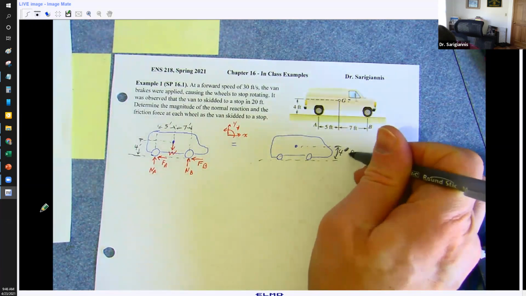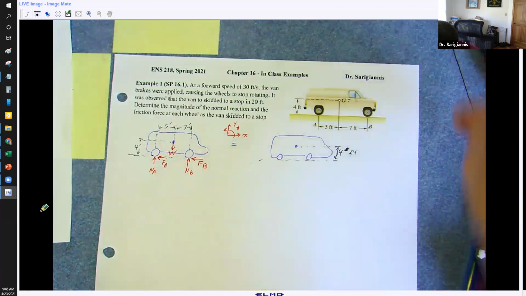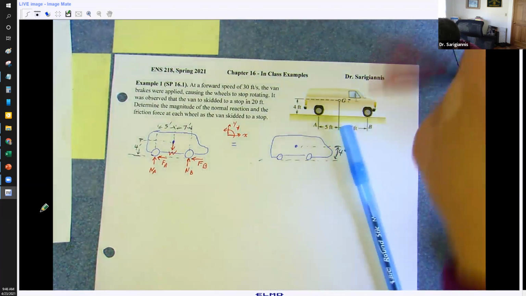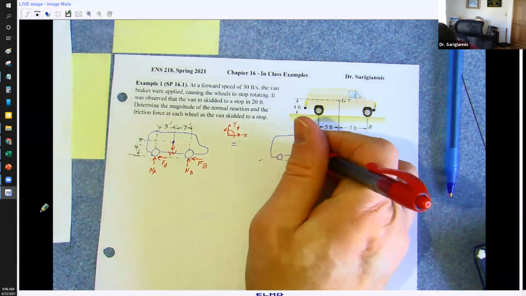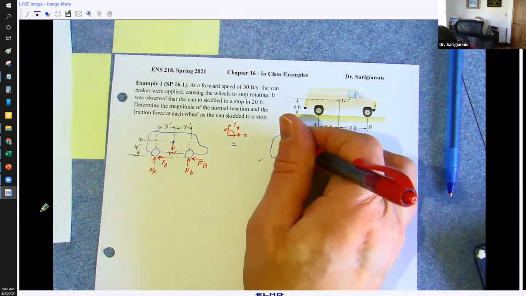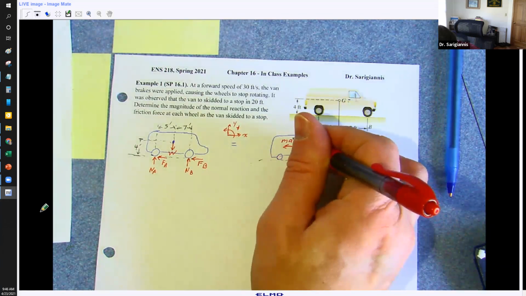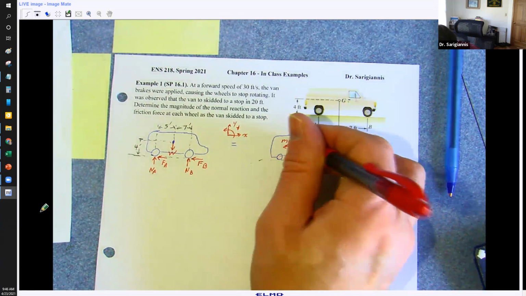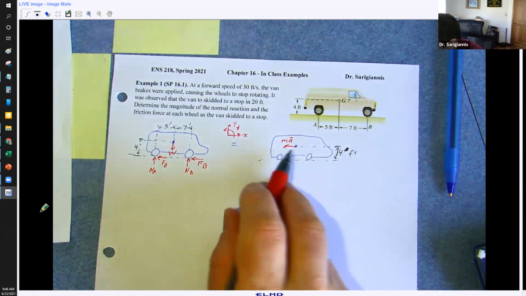Let's just put 4 feet. Let me draw my MA here. We're just using the bar for the average acceleration.